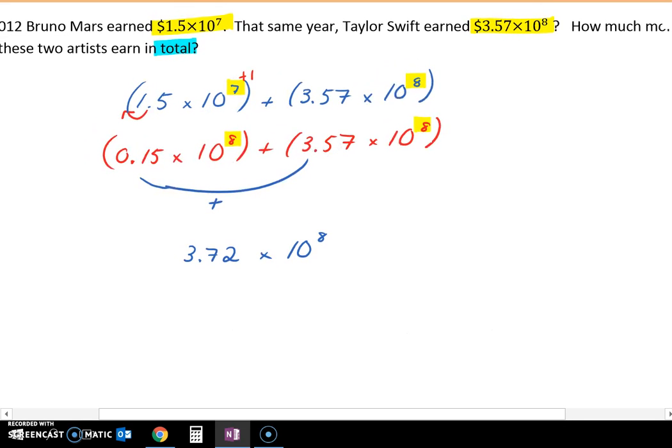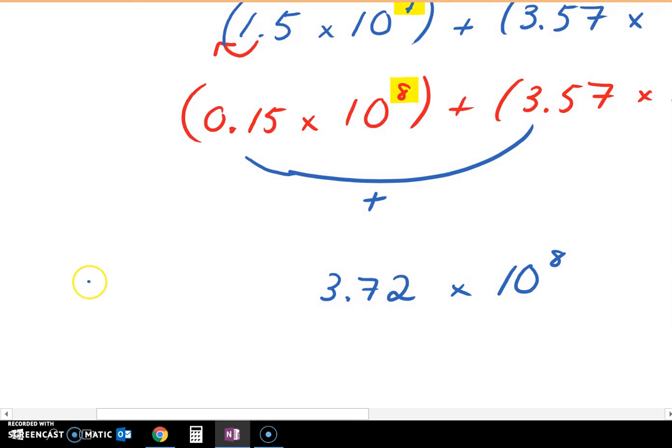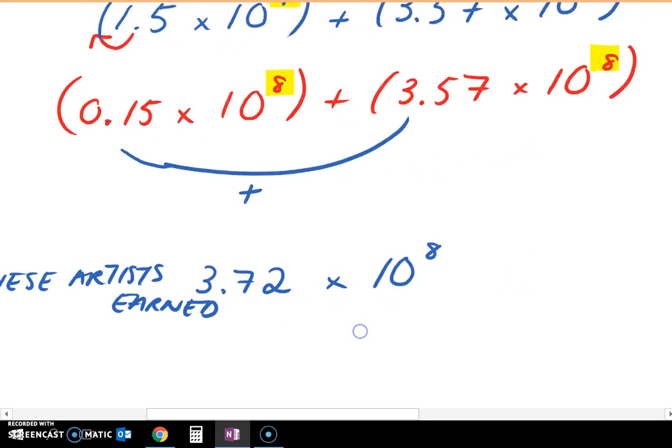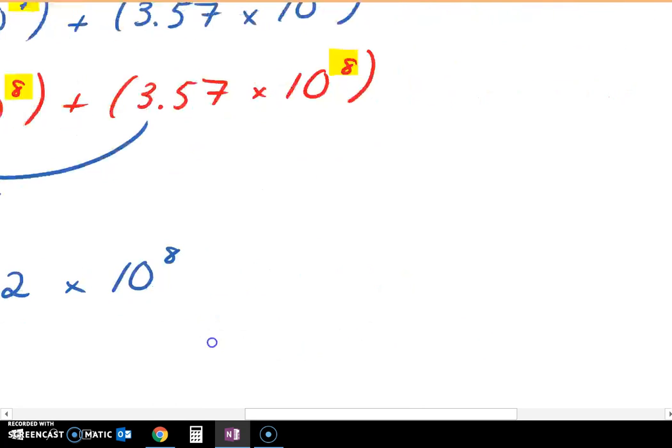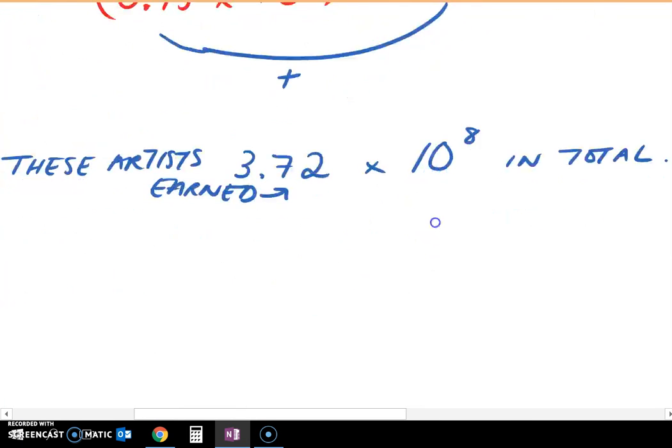The question was, how much money did these two artists earn in total? So, let me work on my spacing here. These artists earned this much in total.